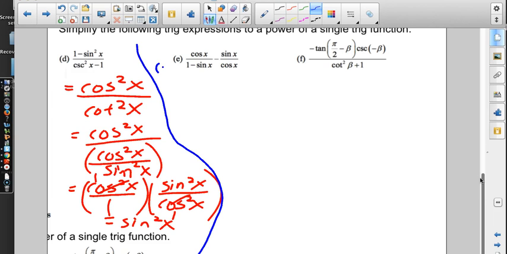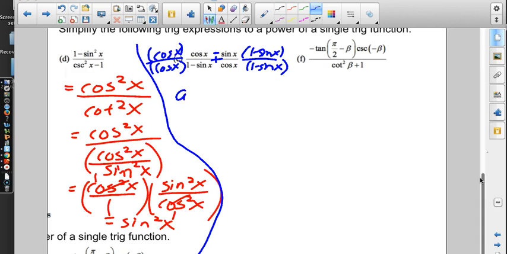We're going to have to multiply this one by cosine x on the top and the bottom, and this one by 1 minus sine of x on the top and the bottom. And that worries me a little. Here's why. We might lose track of this negative. So it's never a bad plan to change this to adding a negative so that you don't forget to distribute that negative as you go through it.